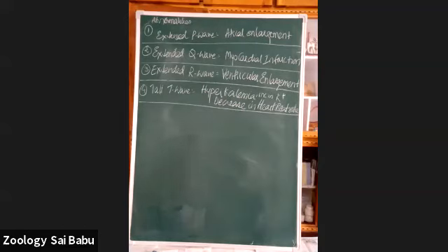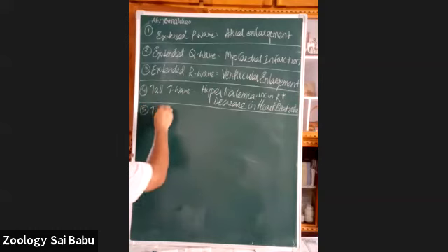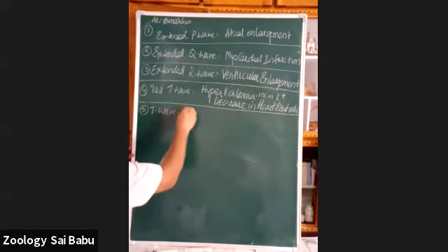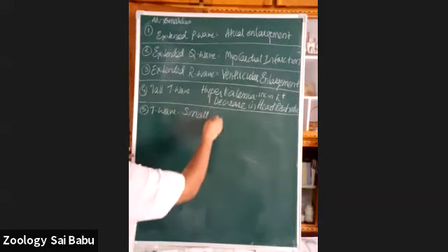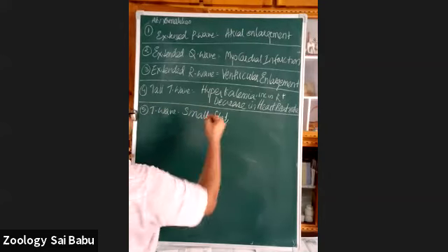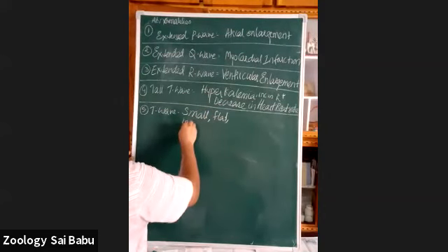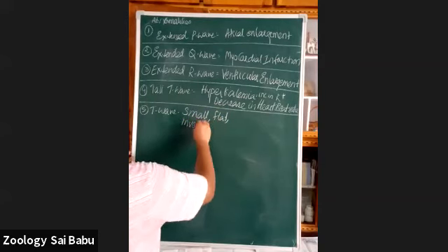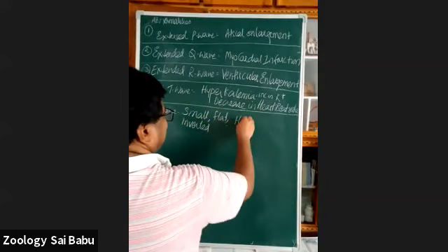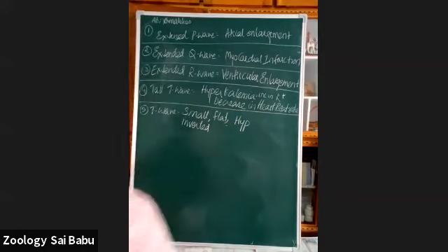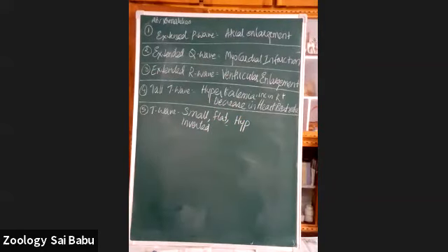Next, the fifth one: if the T wave is small, flat, or inverted, this is an indication of hypokalemia.